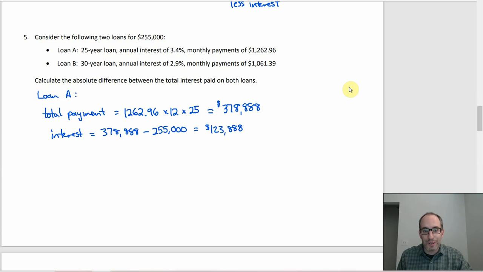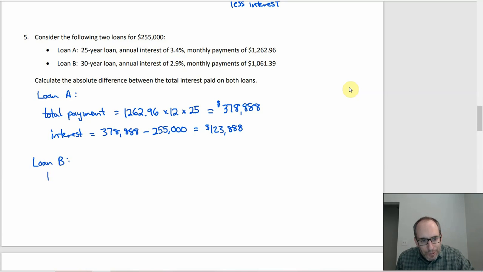So you look at that and you go, it's kind of a lot of interest, right? That's like basically half of what the amount of the loan was. Yeah, although when loans are really long, that tends to be a thing that can happen. And loan B is going to be kind of like that as well.